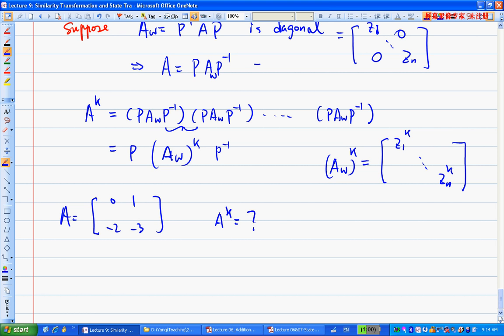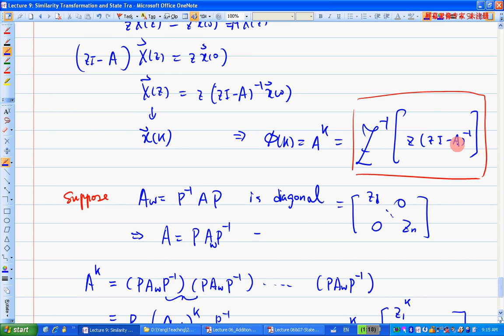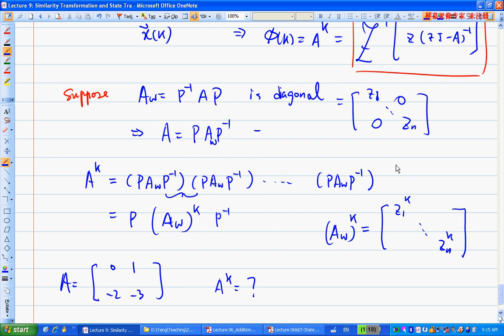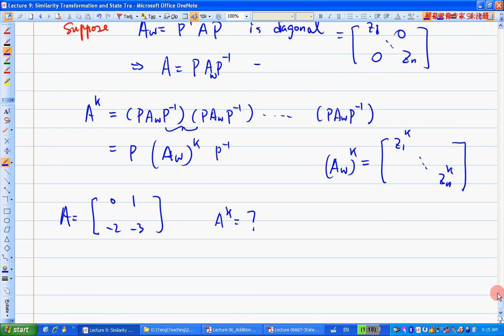The first approach is to find A to the power of k by using this one here, and the second approach uses this one here. And you can see which one is simpler. And you can try MATLAB to do this in both cases.